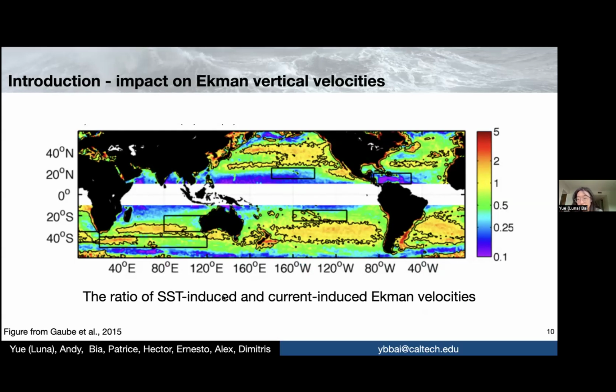So maybe the SST-induced feedback would be a little stronger, and the ratio would be larger than 1. But in the rest of the ocean, especially in the Southern Ocean, in the more energetic regions, or in the boundary currents, the ratio is slanted towards the current-induced Ekman velocity, so it would be a little bit stronger.